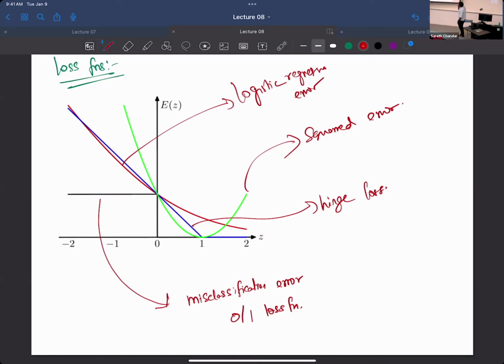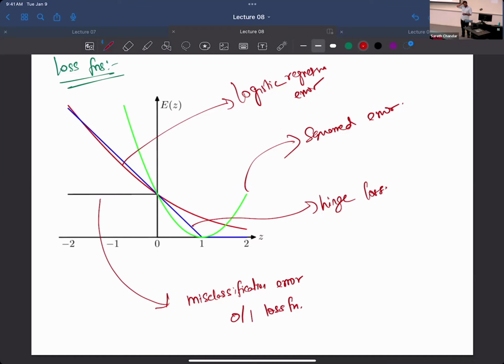As you can see, all these loss functions have different characteristics. The first thing I want you to remember is that in any classification problem, what we really care about is the 0-1 loss. We don't care about having minimum square error or minimum logistic regression error or minimum hinge loss.